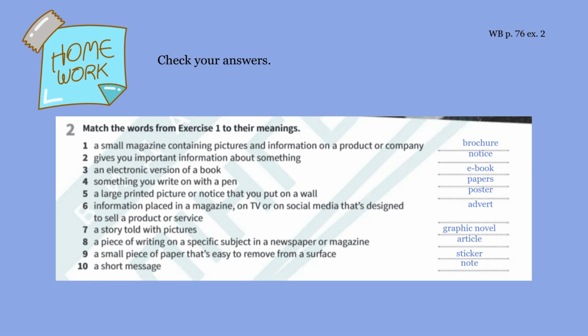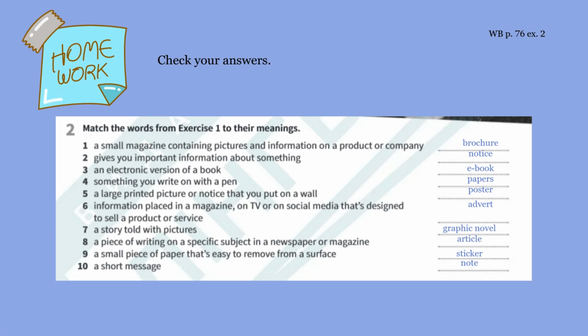6. Information placed in a magazine, on TV, or in social media that's designed to sell a product or service. It's an advert. 7. A story told with pictures. It's a graphic novel. 8. A piece of writing on a specific subject in a newspaper or magazine. It's an article. 9. A small piece of paper that's easy to remove from a surface. Sticker. 10.